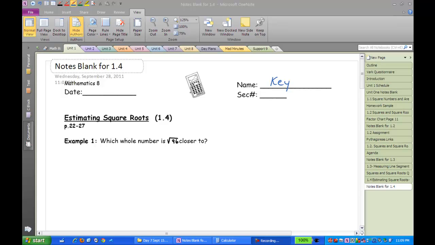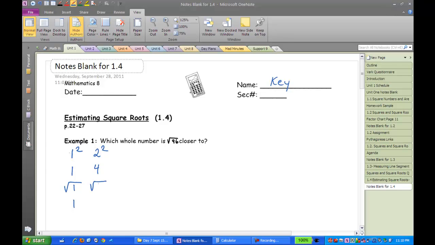So we have to ask ourselves, well, what do we already know? When we look at this, we know that 1 squared is 1. Therefore, the square root of 1 is also 1. All right? We have 2 squared is 4.